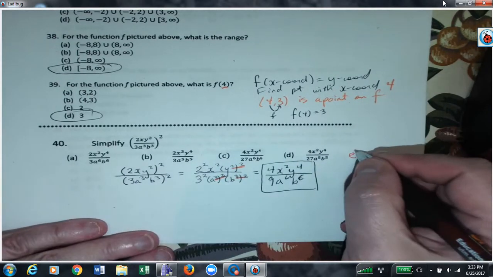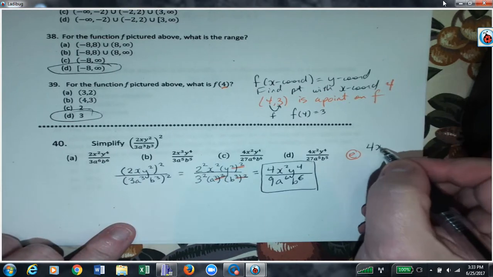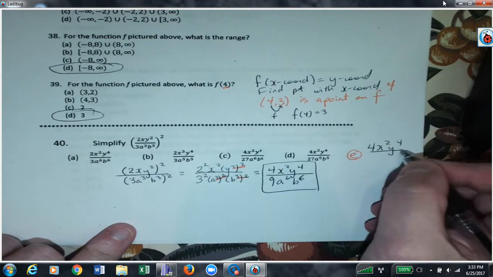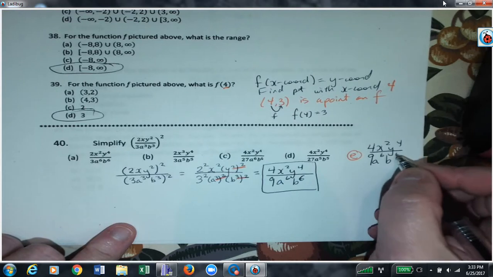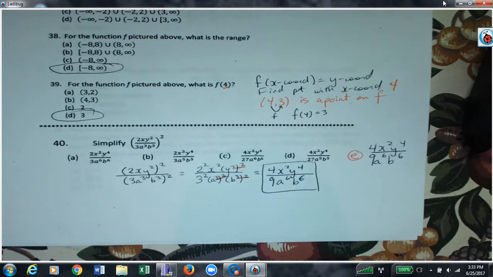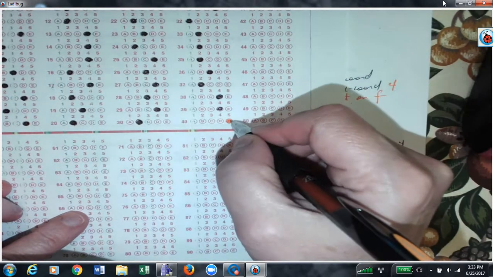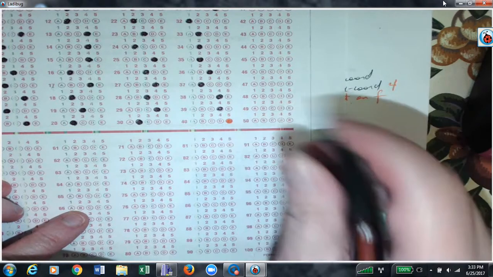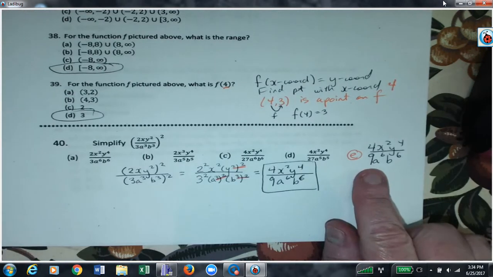So this should have been E. So that's unfortunate. So I will correct that. So everybody gets credit for number 40. Everybody. So in future tests, I will make sure that that is a correct selection. But that was an error on number 40.